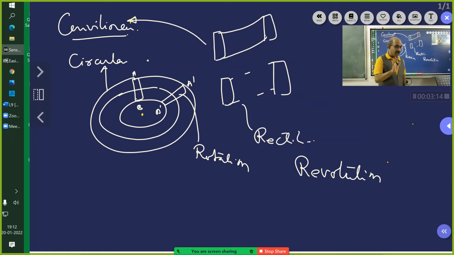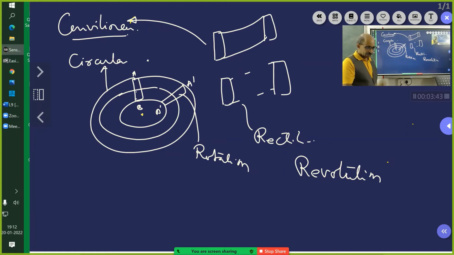Frankly speaking, this question was asked in an exam: is Moon rotating, revolving, or translating around Earth? The right option is revolution. But in this context, if you make this Earth a point and you observe from this point, then we say the moon is performing pure rotation.